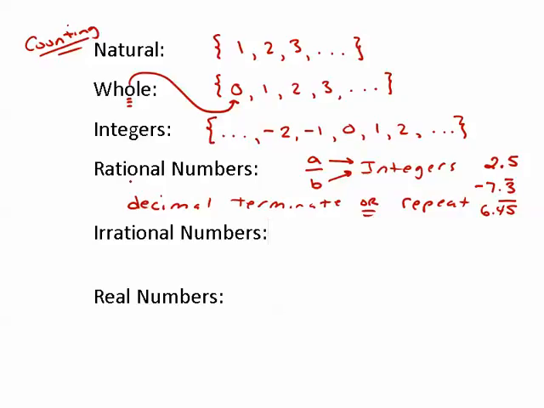So, if a rational number is a number that can be expressed as a ratio of two integers, then an irrational number cannot be. So what it does as a decimal, if you express it as a decimal, is that the decimal will never terminate and it never repeats.